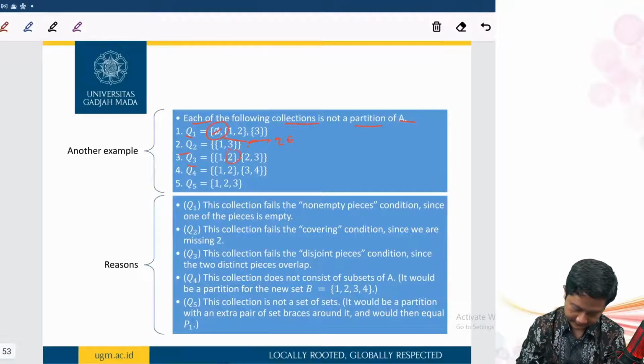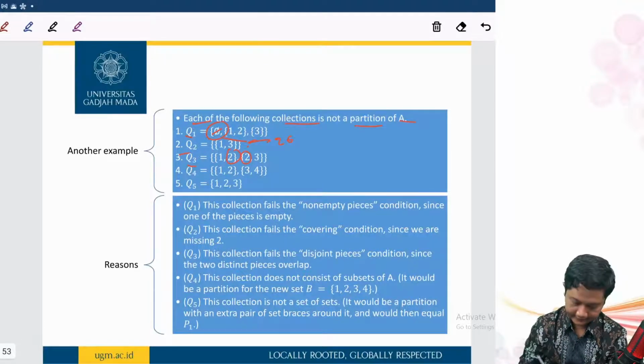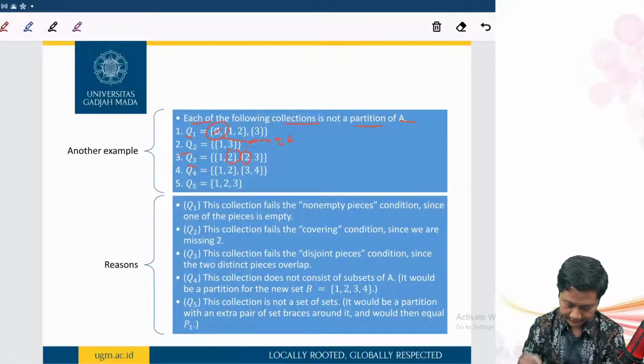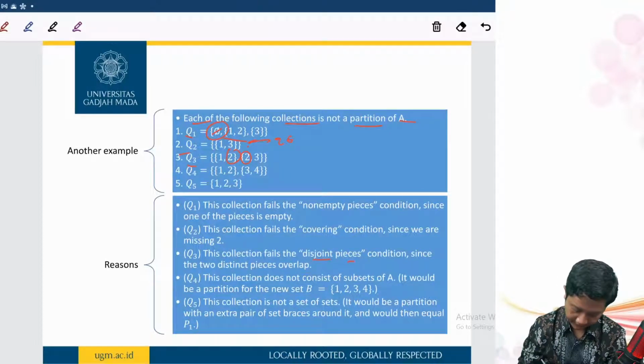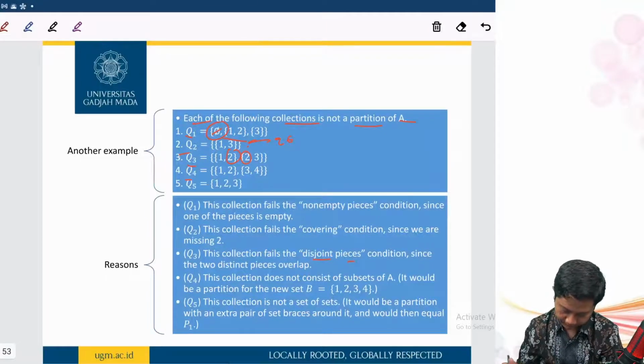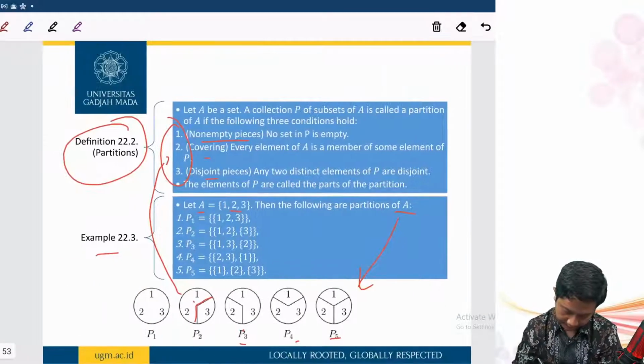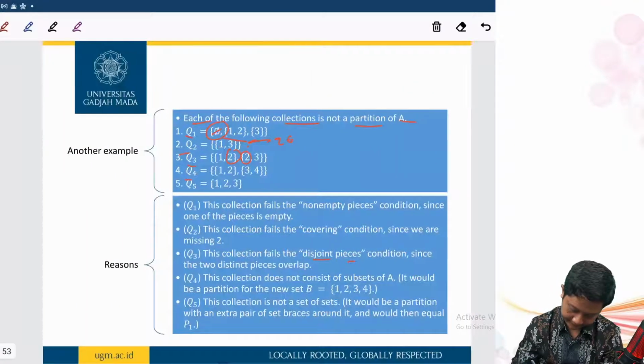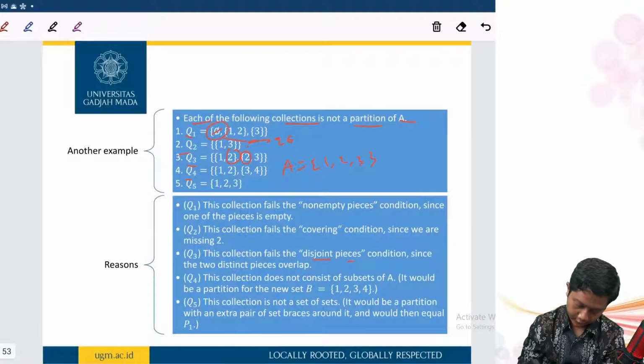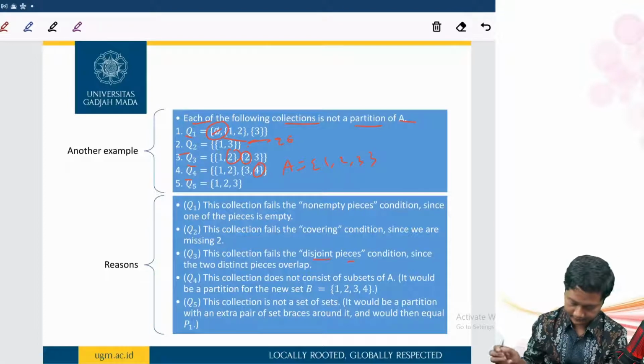See, they intersect, but they are different blocks, so it's not disjoint. And how about Q4? 1, 2, 3, 4. The problem here is that our A is 1, 2, 3, so it cannot contain 4. So it's not a partition of A.